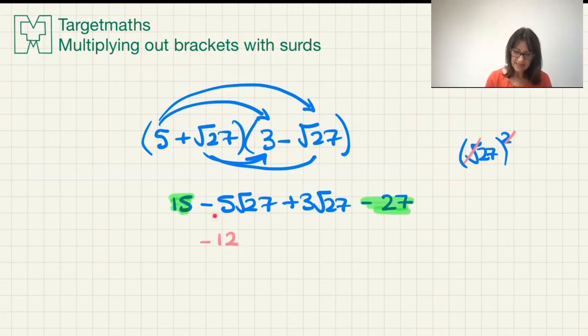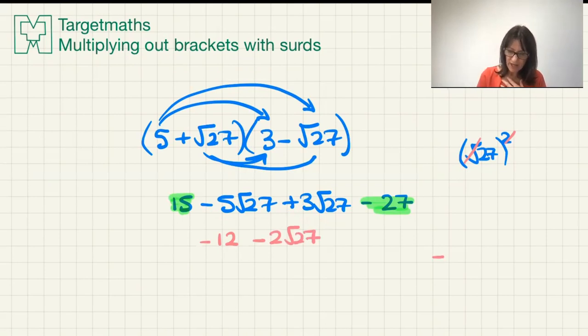And then this middle section, my root 27 section, I'm at minus 5 and I'm adding 3. So I've got minus 5 root 27s. I'm going to add 3 root 27s and it's going to leave me at minus 2 root 27. All right. And again, I'm just going to give you a little bit there in case that was confusing to you.